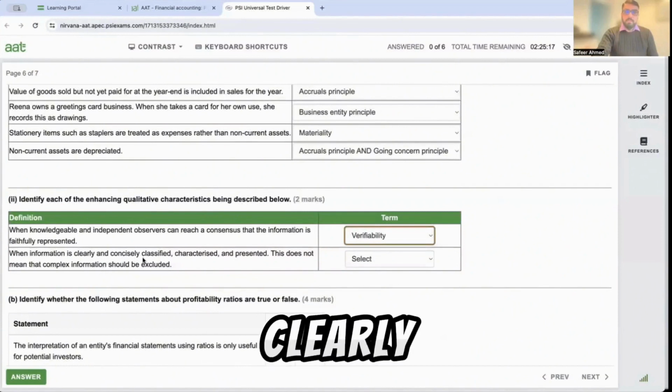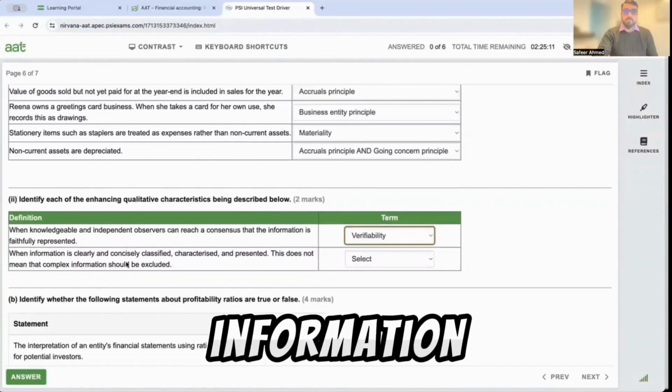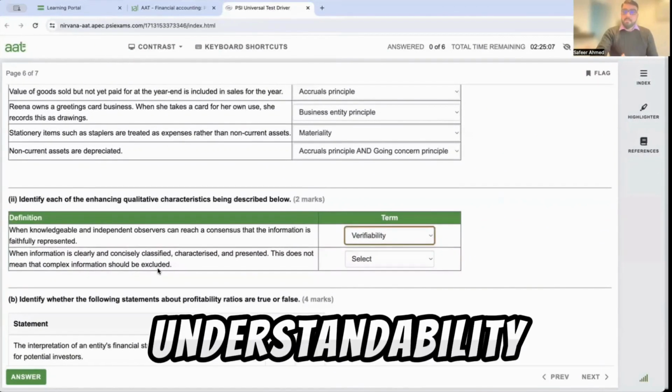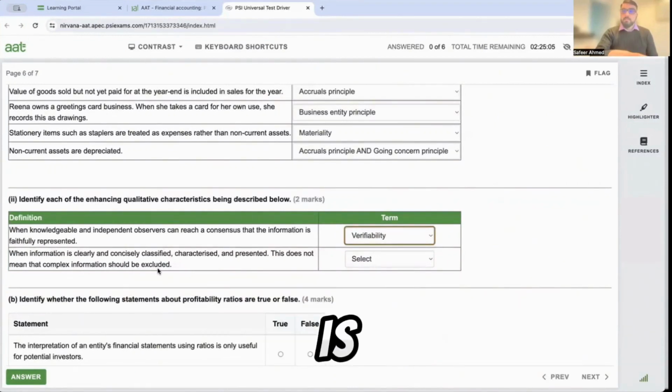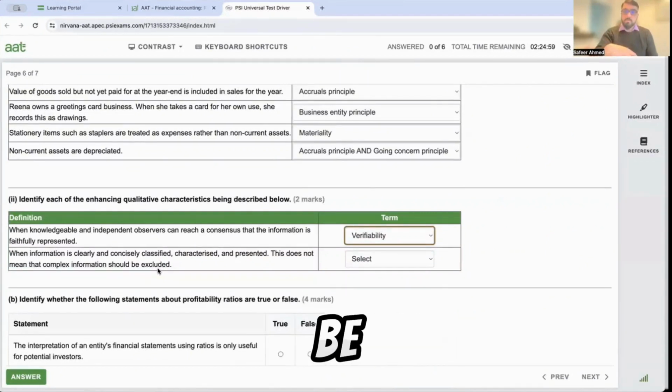When information is clearly and concisely classified, characterized, and presented, this does not mean that complex information should be excluded. Now, this is understandability. The information is presented clearly, but it doesn't mean that complex information will be excluded. It will still be included.